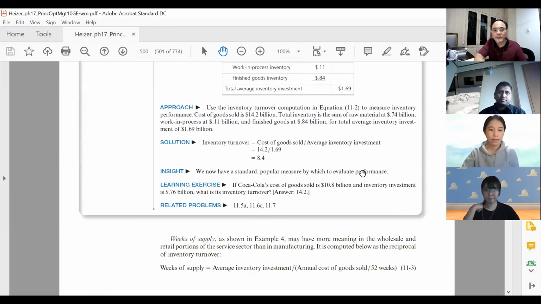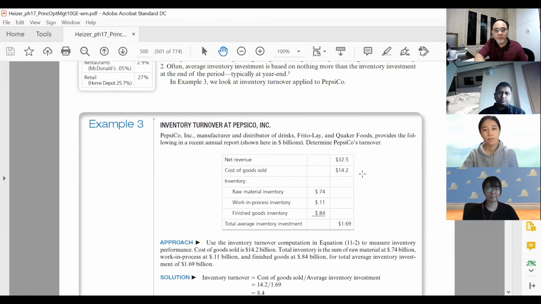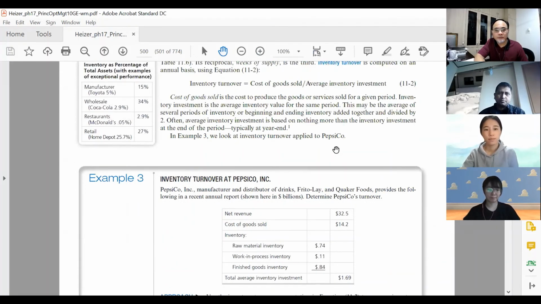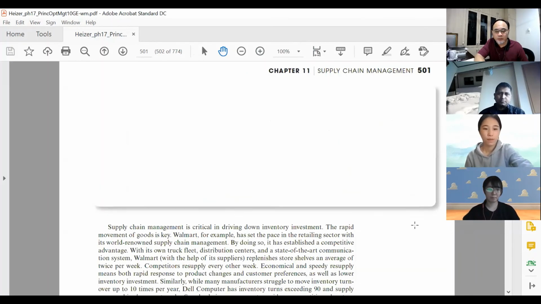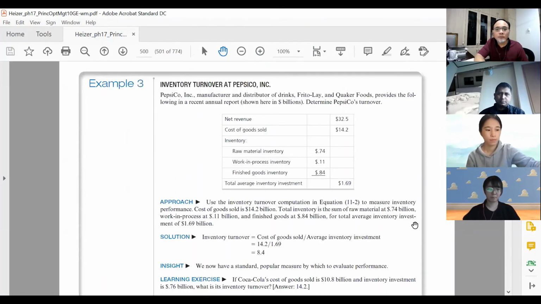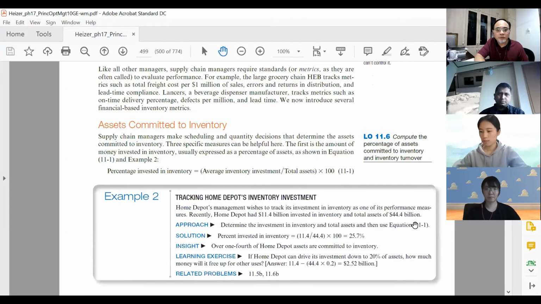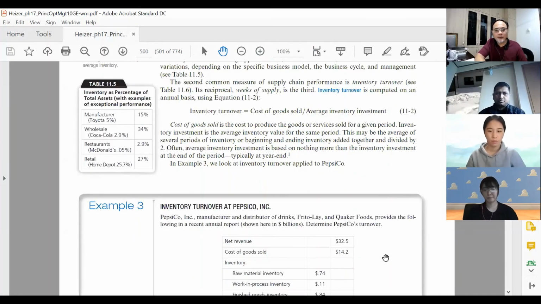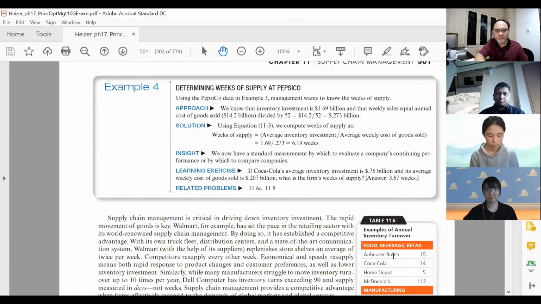Before the break just now, I actually went through this same example here: the investment percentage in inventory, the inventory turnover, and also the weeks of supply.